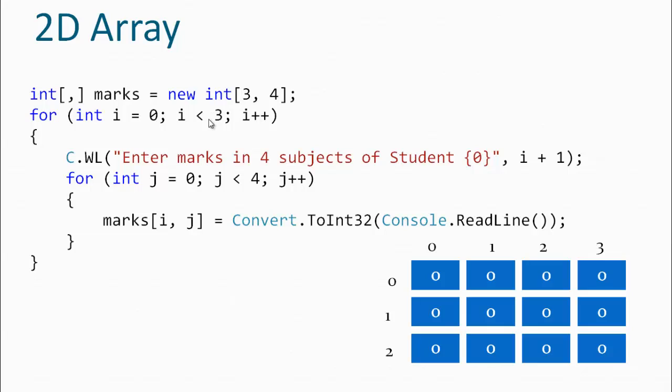So this time the value of i is 1. Enter marks in 4 subjects of student, 1 plus 1 is 2, so student 2. And then again j will get initialized to 0 and you will enter marks which will go to 1 0, that is 1 0, 1 1, 1 2, 1 3 and so on.